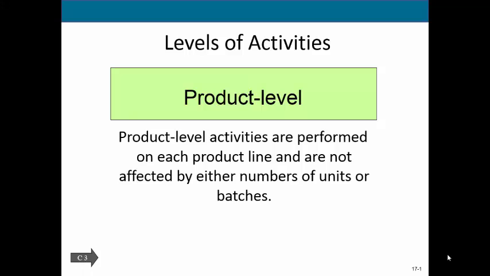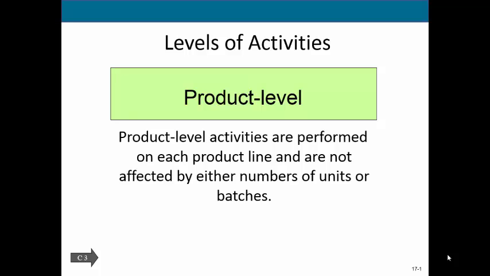So next we have our product level activities, and these are activities that are performed on our specific product lines. So in other words, they're not affected by how many actual units we make or how many batches we run. To give an example, I was talking about a company that makes shirts. They have their polo shirts and then they have their dress shirts. Each of those different types of shirts represents a product line.